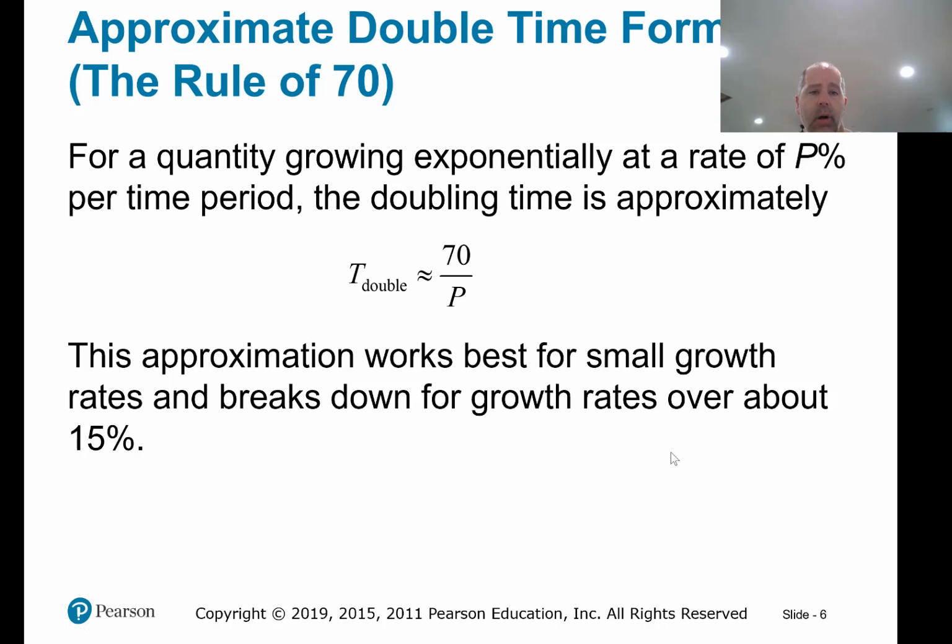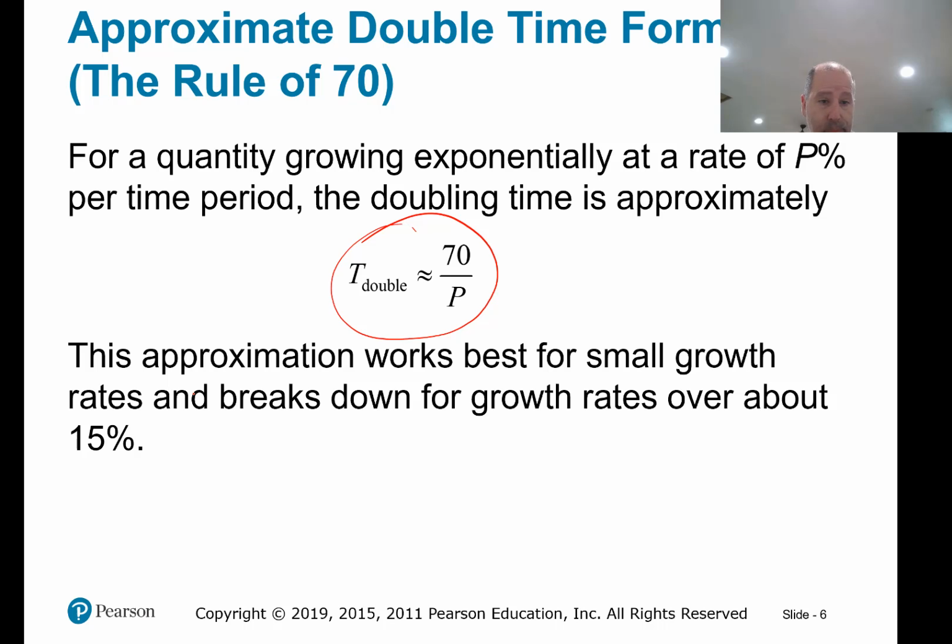Now, for a quantity that's growing exponentially at a rate of p% per time period, the doubling time is going to be approximated by this rule of 70. The rule of 70 says just take the interest rate as a percentage and divide it into 70. That gives you the approximate time it will take for the amount to double.